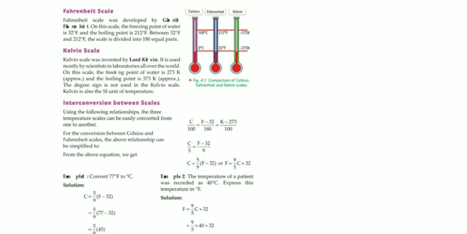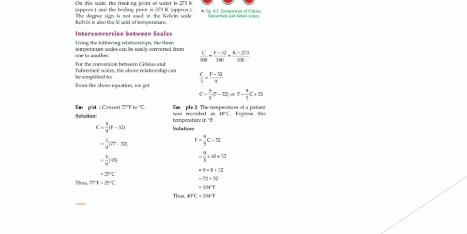In order to simplify it, children, two solved examples are given. Number one, convert 77 degree F to degree C. Now in order to solve it, we have the equation, that is C is equal to 5 by 9 into F minus 32.